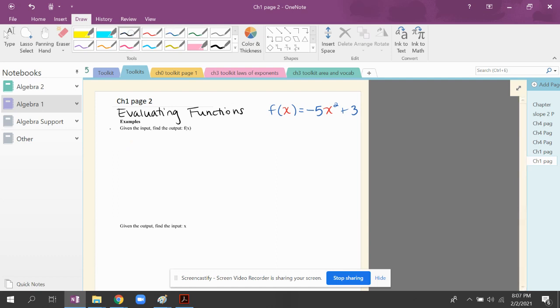And we're going to look at 2 examples today. The first one is I want you to evaluate f of 3. And the second one, we're going to evaluate f of negative 2.